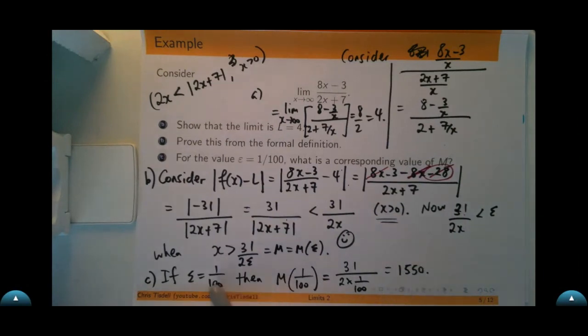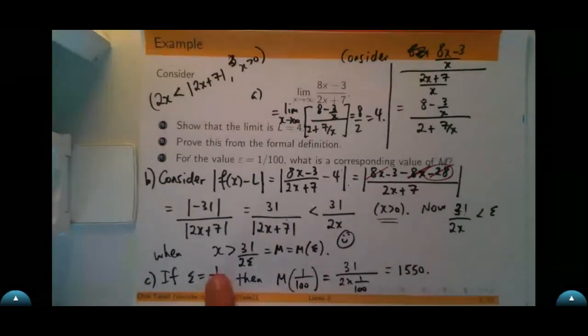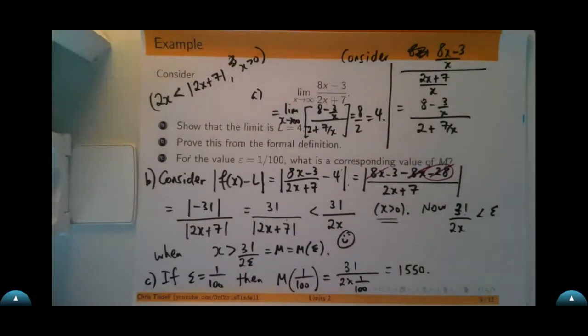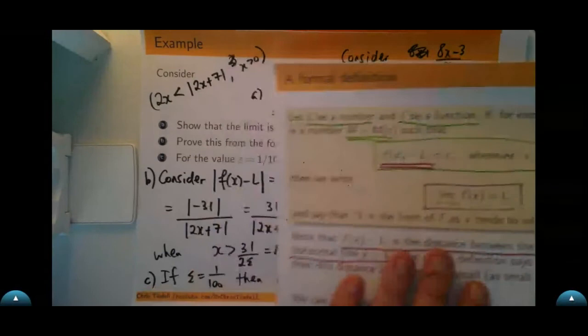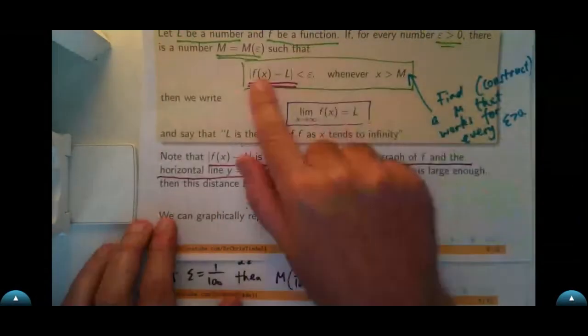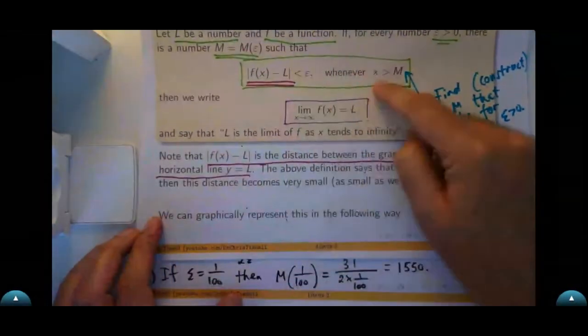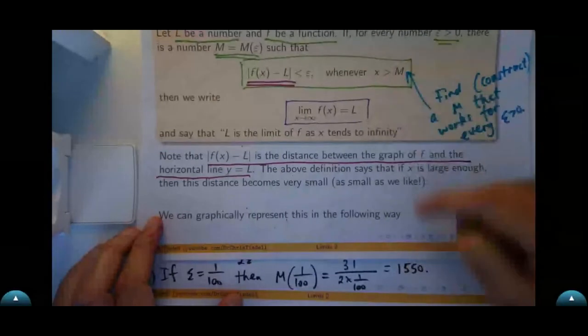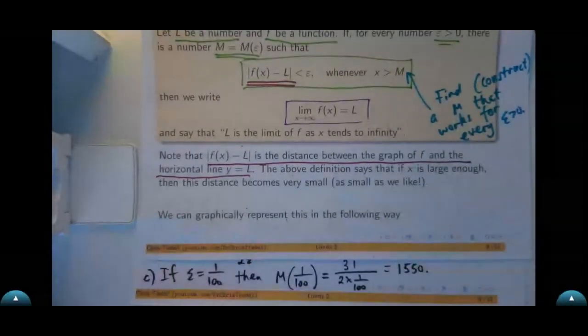So what this means is if you want to get into your strip, and the strip has width 2 on 100ths, you have to go all the way out to 1550 to get and stay into that strip. Okay, so to get this less than 1 on 100, x has to be bigger than 1550.